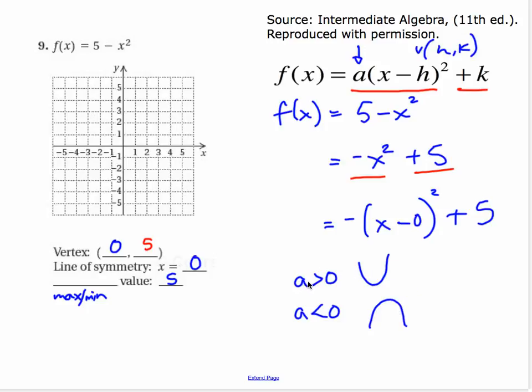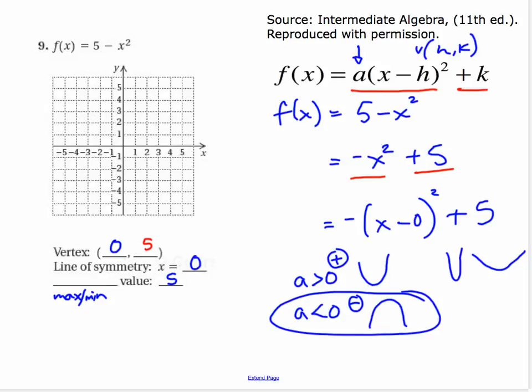We also talked about if it was 2 or 3, the graph might be skinnier or wider. If it's positive, it looks like this. If it's negative, it looks like that. We have a negative, so it must go like this.